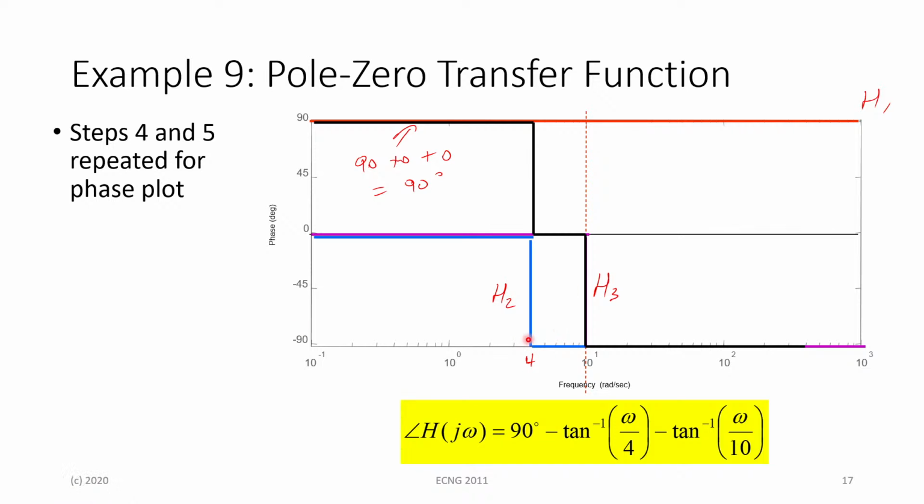In between omega equals 4 and omega equals 10, we have H1 at 90 degrees, H2 at minus 90 degrees, and H3 at 0 degrees. So let's write those in.